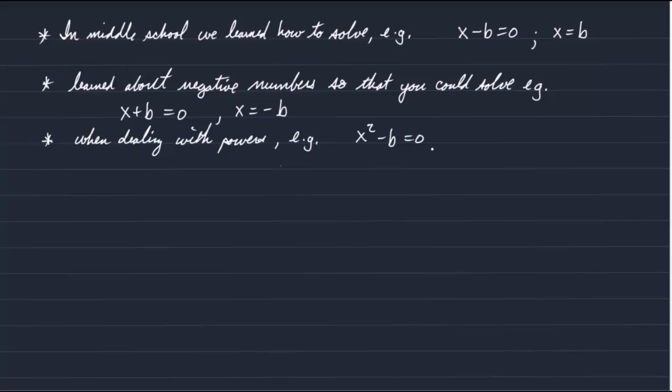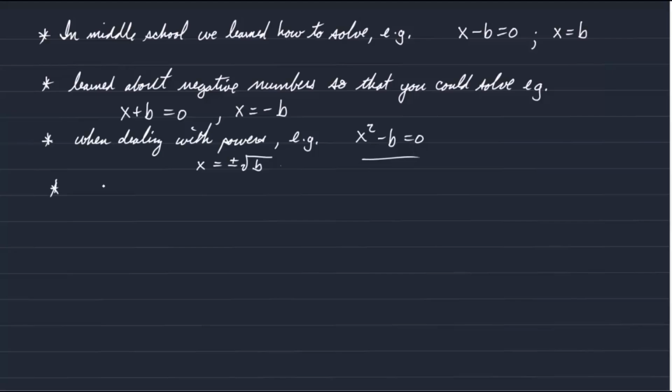You learned that this equation could be solved by taking the square root of b. So x is equal to plus and minus the square root of b. So we learned about taking the square root or the nth root of numbers to solve these sorts of equations.